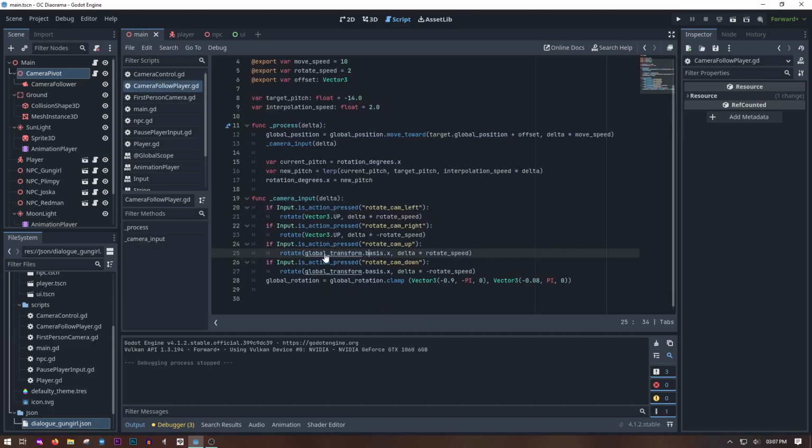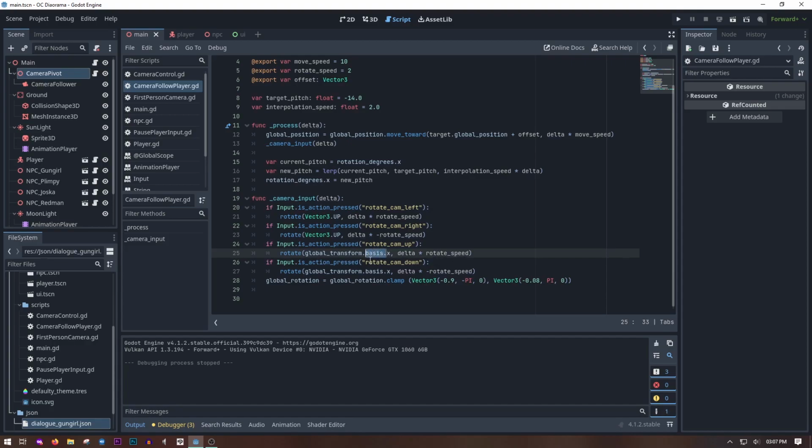So rotate global transform basis, but only X. Why did you put basis there? Is that important? This is definitely a part that I didn't understand while it was being written. I was like, okay, I'll just put basis. What's basis doing? If I do global transform X, will it break?